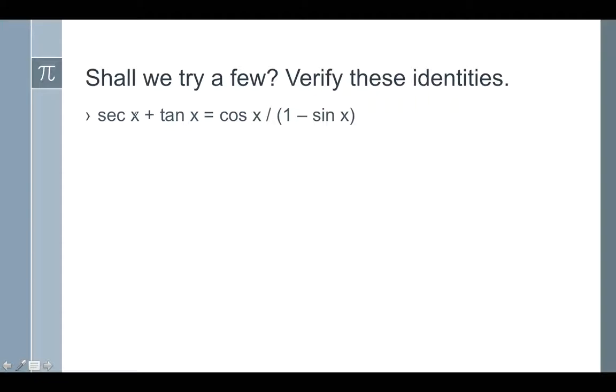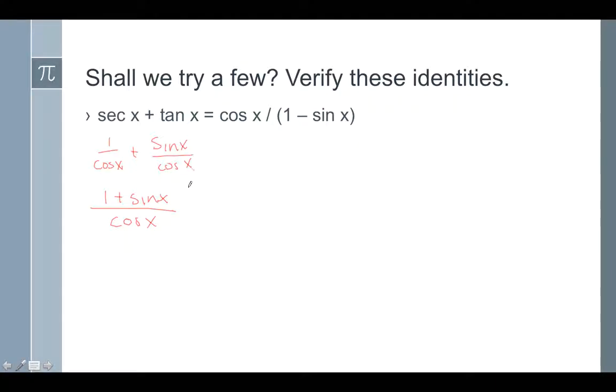Well, secant is 1 over cosine, and tangent is sine over cosine. And the reason I did this is because I knew both of them had denominators of cosine. So what I want to do now is add these two things together, and if I add them, I get 1 plus sine x over cosine x.